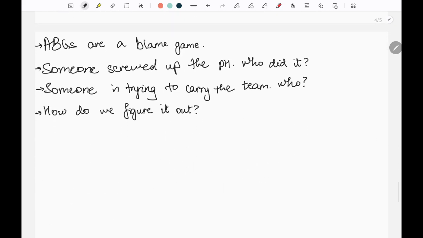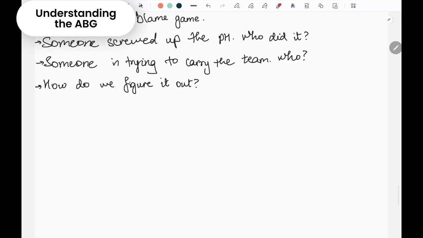The way I like to remember it, which has really saved me during exams, is trying to understand that ABGs are a blame game. When a patient is sick and we see a weird ABG, all we're trying to find out is who screwed up the pH and who is trying to carry the team so that whoever is lacking gets supported. So let's figure this out.